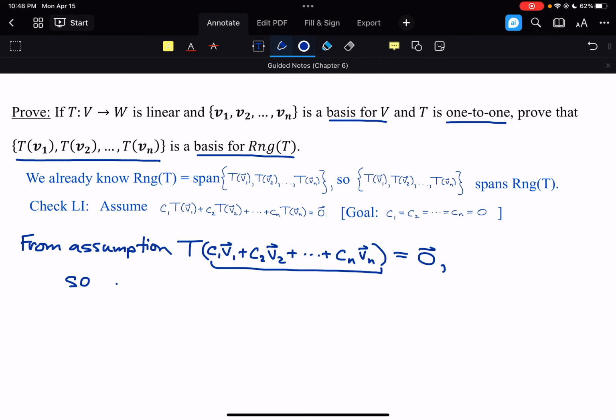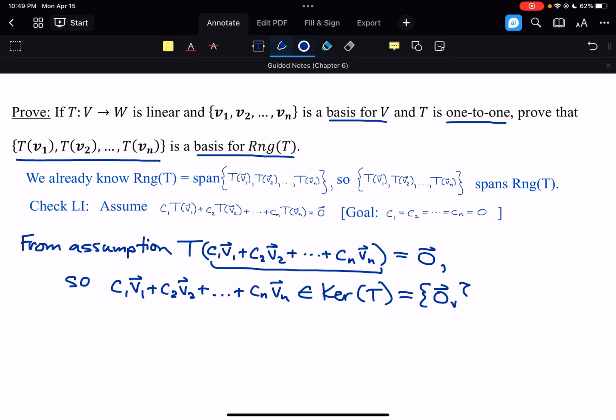That sum, whatever this result is, because it transforms to 0, means that it is an element of the kernel. But the kernel, in this case, can only be the 0 vector in V because we're assuming that T is 1-to-1.